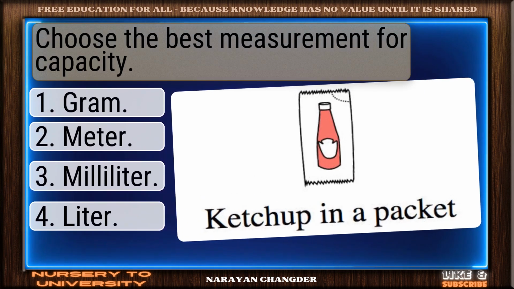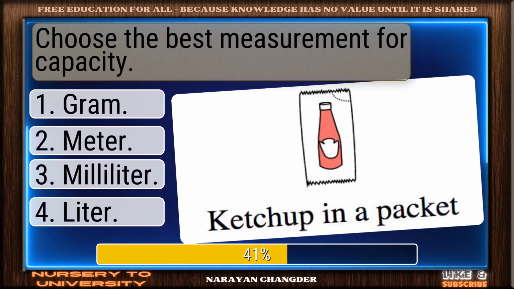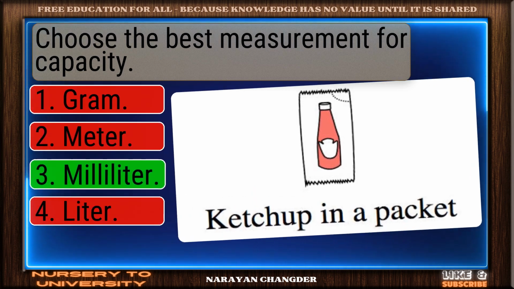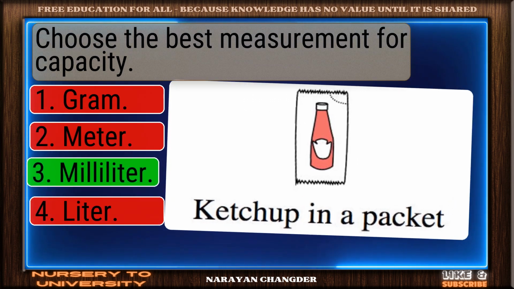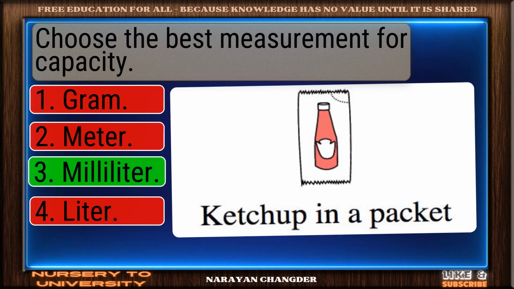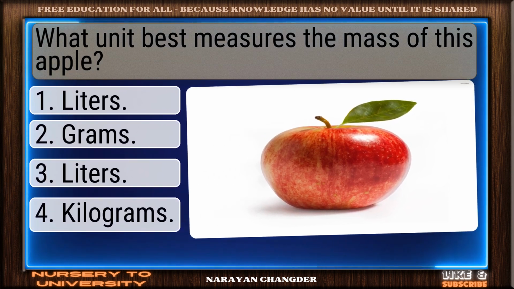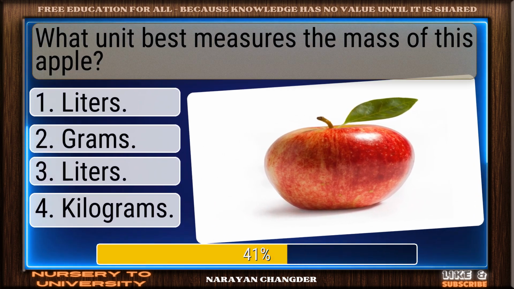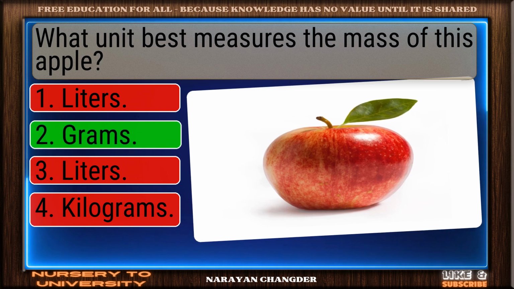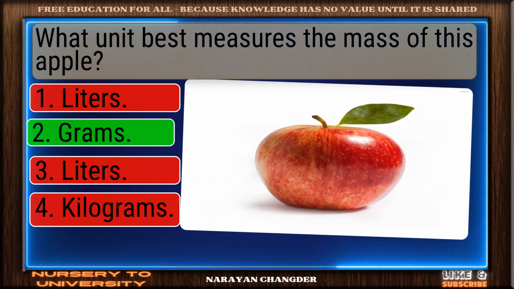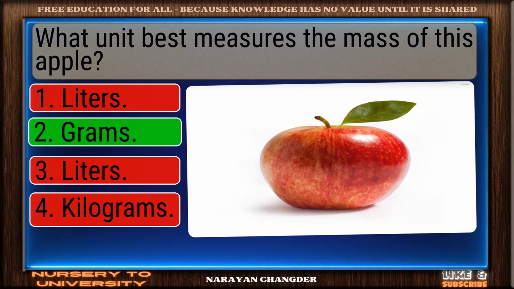Choose the best measurement for capacity. You got it. Your choice milliliter is right. What unit best measures the mass of this apple? Nice selection. Grams is the correct and valid answer.